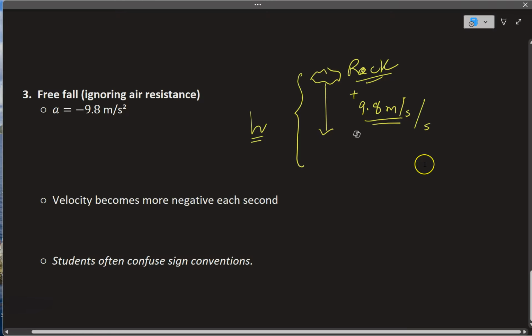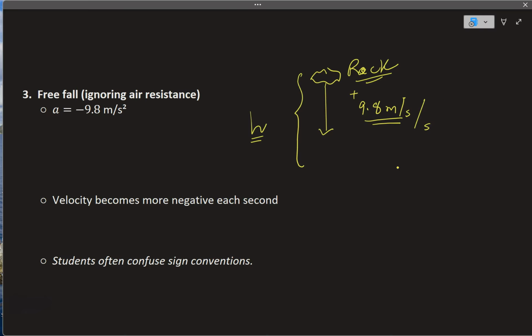Now rewind that and re-listen to what I just mentioned, okay? So for every second, the first second when it drops from the height, your speed at second one, you clock it, is 9.8 meters per second.